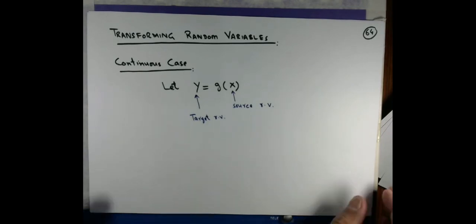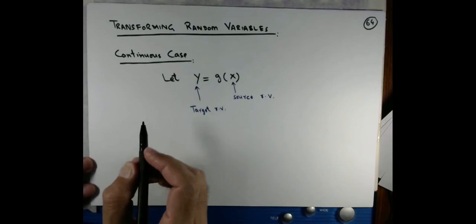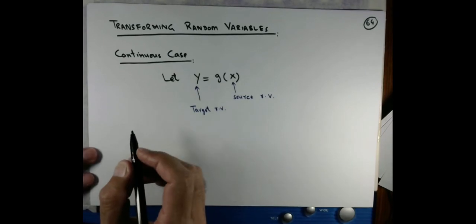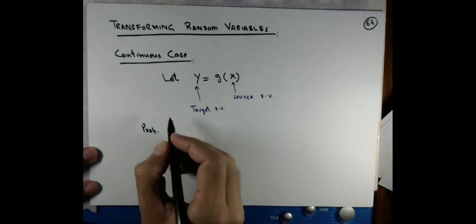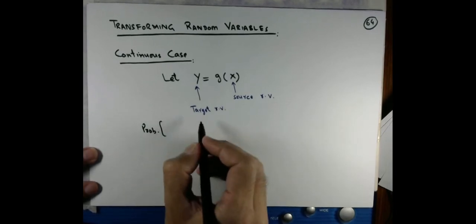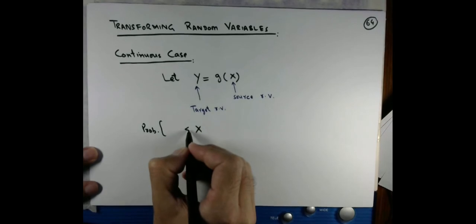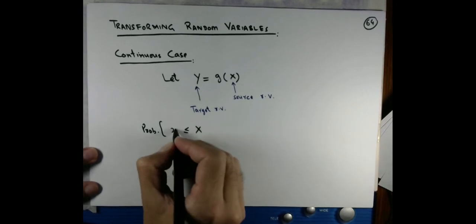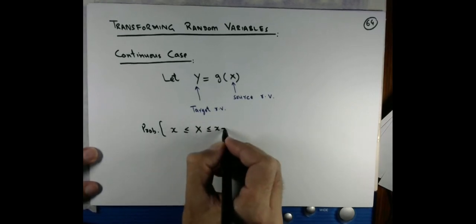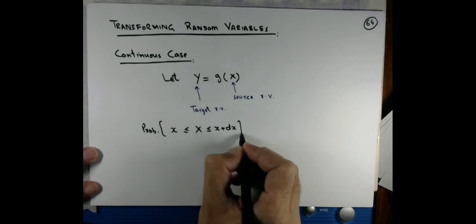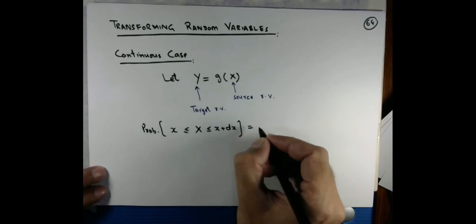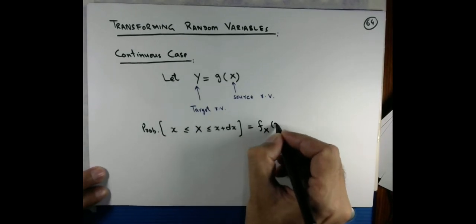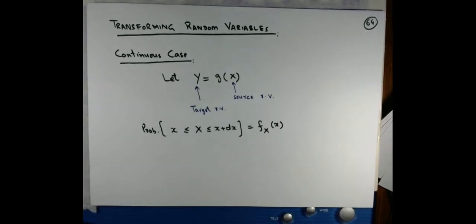But as per the definition of the PDF, you know that the probability that the random variable x is greater than or equal to x and less than or equal to x plus dx, just a little more than x, is nothing but the PDF of the random variable x.